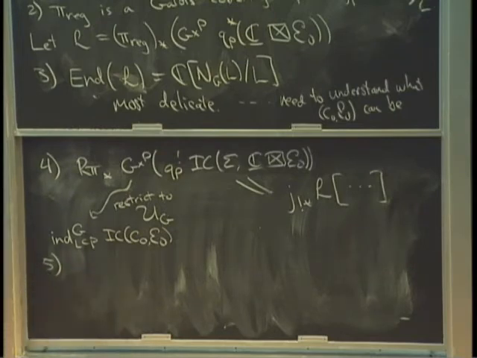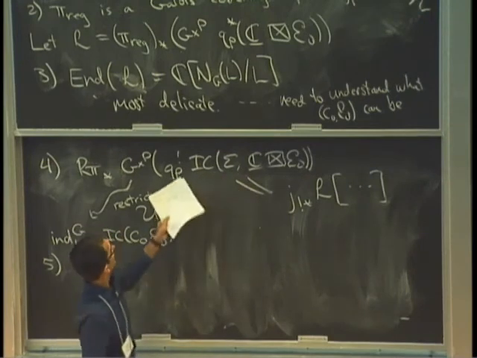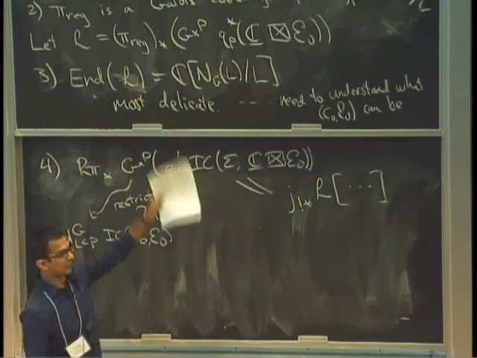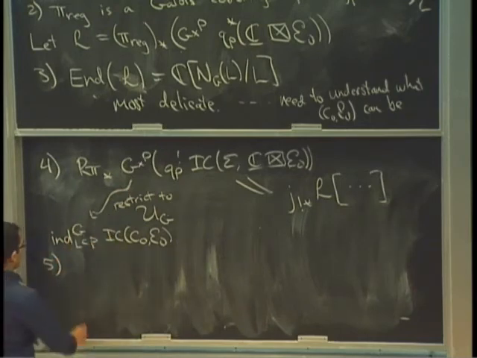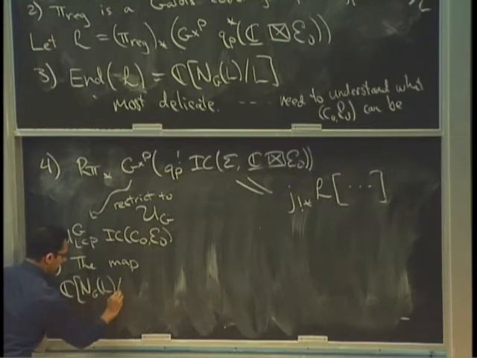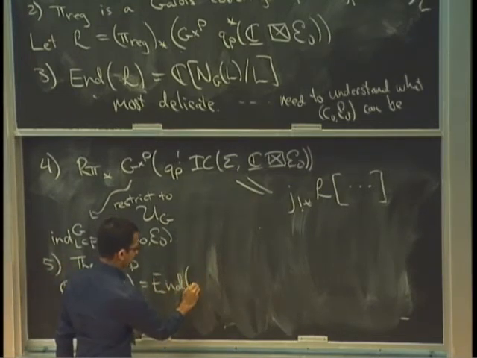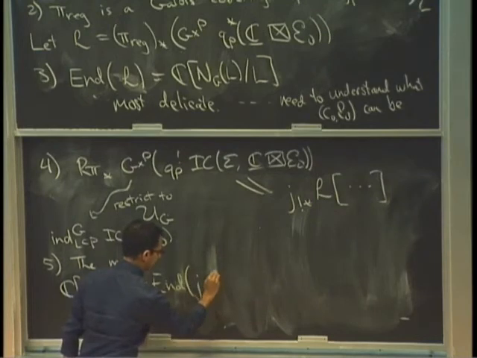So step 5, well, this equality right here tells you about the endomorphism ring of this. It tells you it's the same as that. It's the group ring of NG of L mod L. So C NG of L mod L, this is equal to the endomorphism ring of the local system L, but also of its intermediate extension.